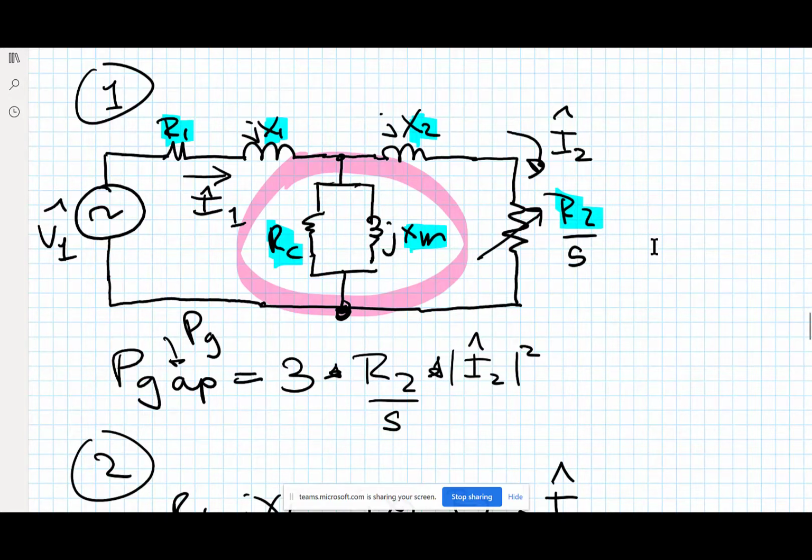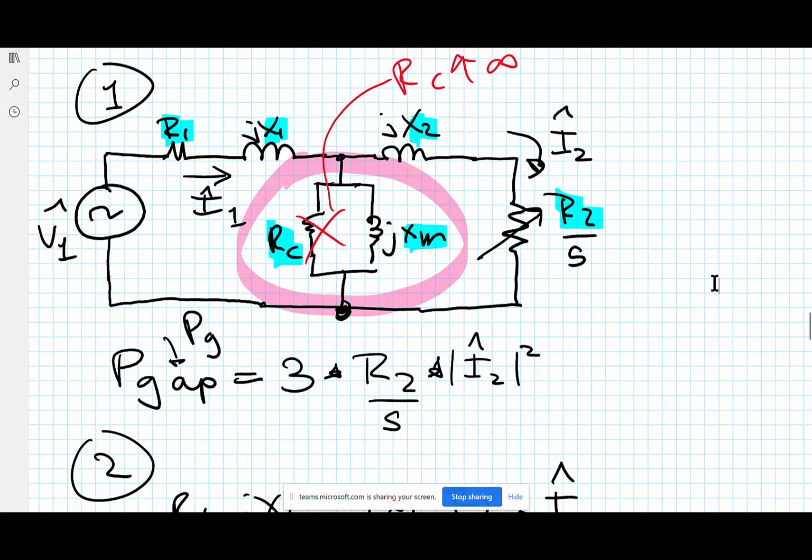Normally it would be XM. Because there's always magnetization, if we were going to ignore anything, it would be this guy right here, which means RC is approximately infinite. So it'll change the answer a little bit.